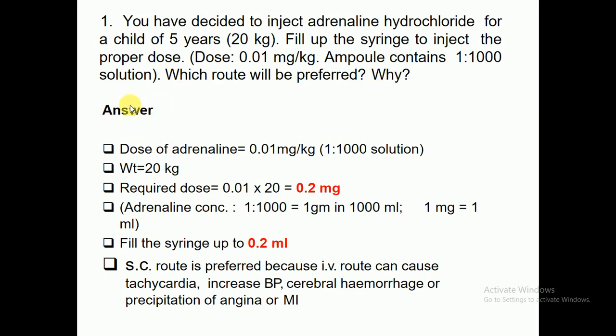Simple, mathematically, now to calculate the dose for a 5 years old child, his weight is 20 kg. Before starting the calculation, we must know about the dose of adrenaline. So the dose of adrenaline is 0.01 milligram per kg, which is mentioned here, and the ampule contains 1:1000 solution.